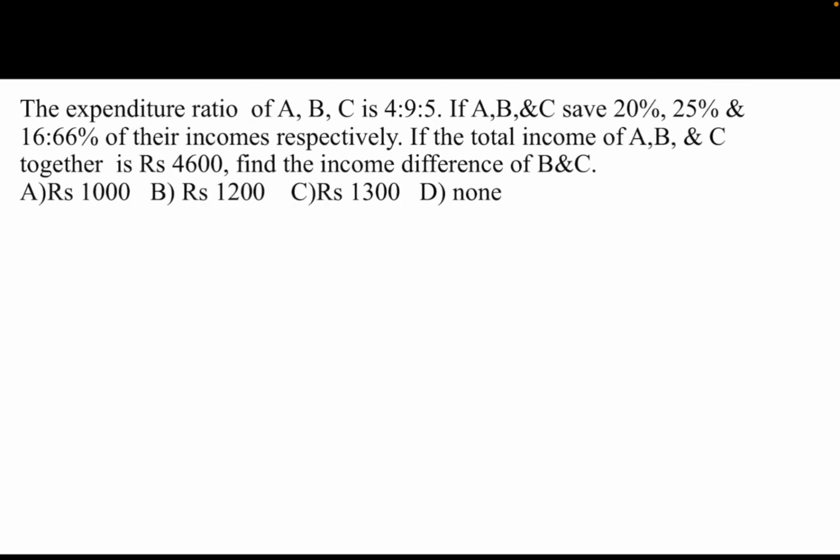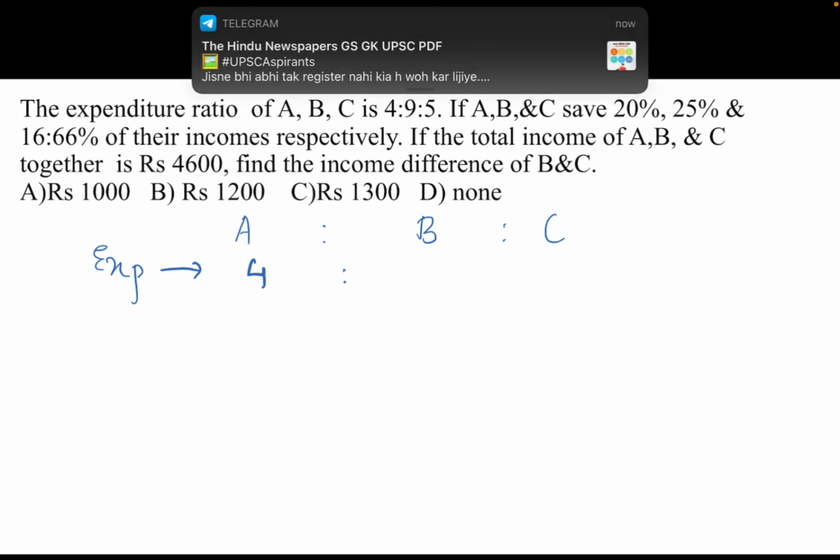The expenditure ratio of A, B and C is 4:9:5. Okay, A is to B is to C. Okay, expenditure ratio is 4:9:5.